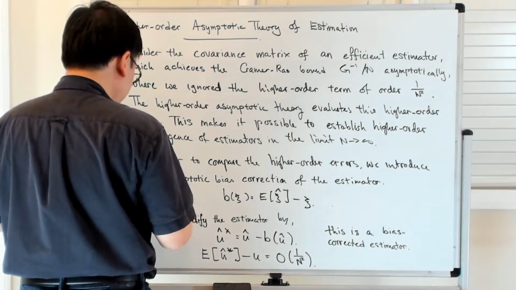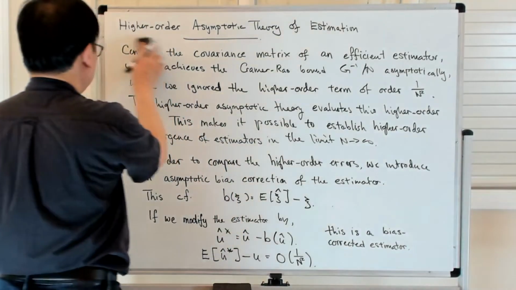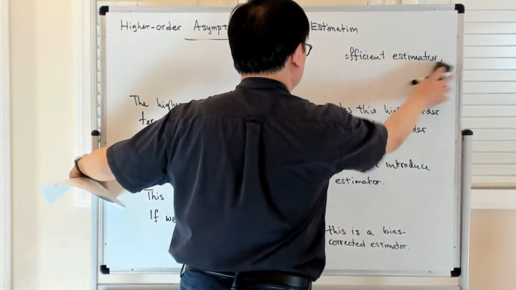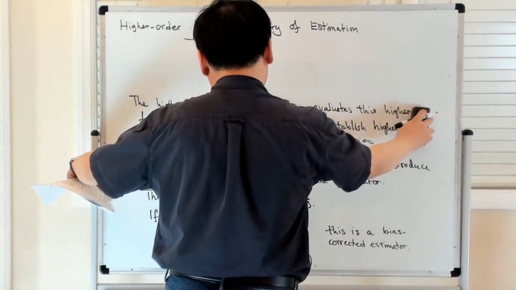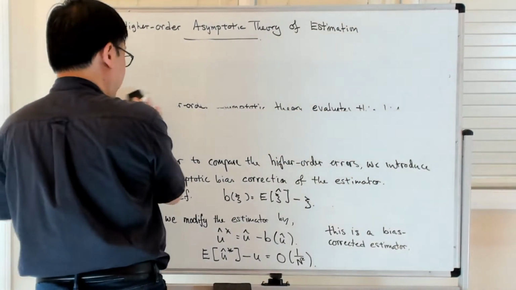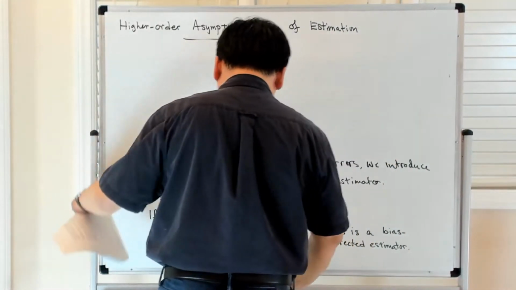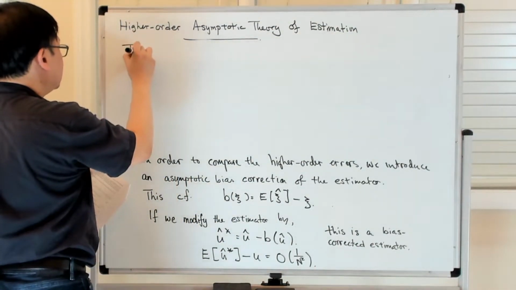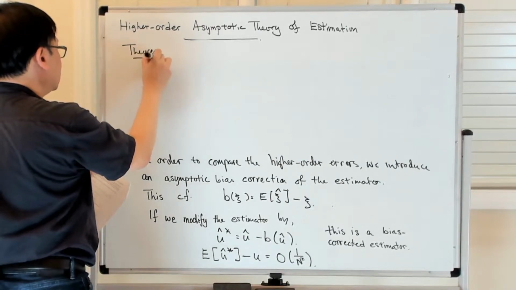Right, so I'm just going to state the theorem. The actual calculations are nasty. As you see in the book, the actual calculations are done in a paper by Amari from 1985. So let me just state the theorem.